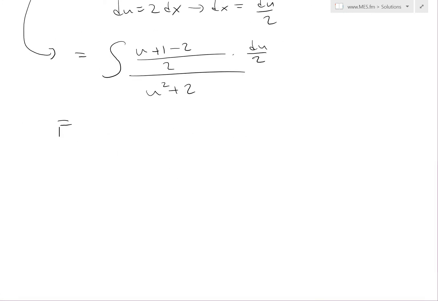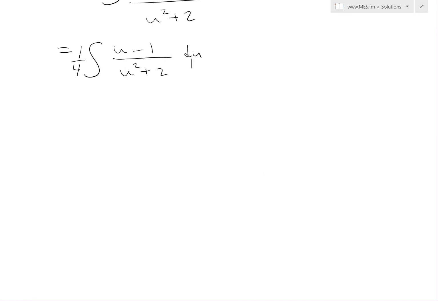Yeah, so now this is just algebra. Just get rid of all this. These 2's multiply, so take it out of there, 1 over 4, and then we have u minus 1. 1 minus 2, that's just minus 1. Then u squared plus 2 du.